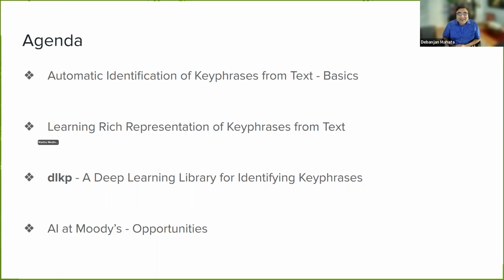This is something that I've been working on at this point, and I would like to introduce it here and have some volunteers who can help me build this library. And lastly, I have to briefly talk about AI at Moody's and the opportunities that we have at Moody's, which might excite some of you in the audience.